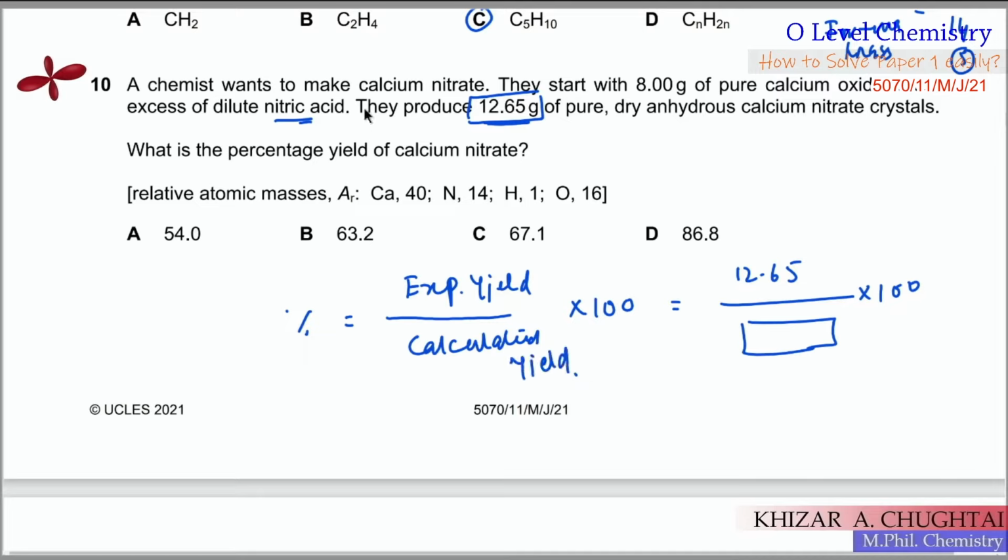So I'm going to find the calculated yield, and first of all I'm going to write the chemical equation. CaO plus HNO3 goes to Ca(NO3)2 plus H2O. So 2 mole of nitric acid is required, 1 mole of calcium oxide is required, and the calcium nitrate that is being formed is also equal to 1 mole.